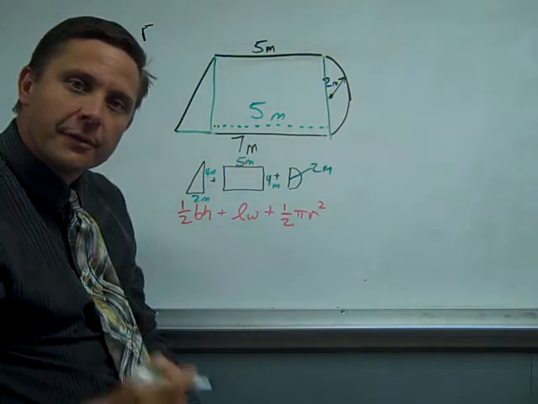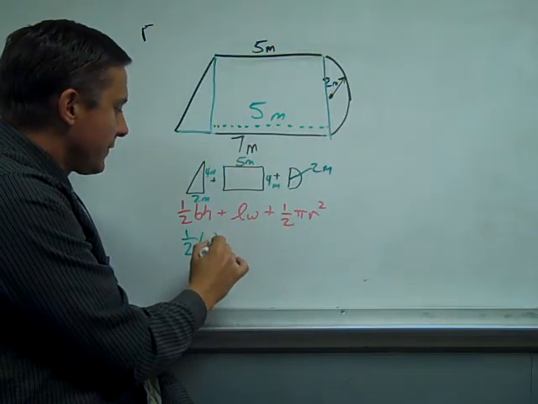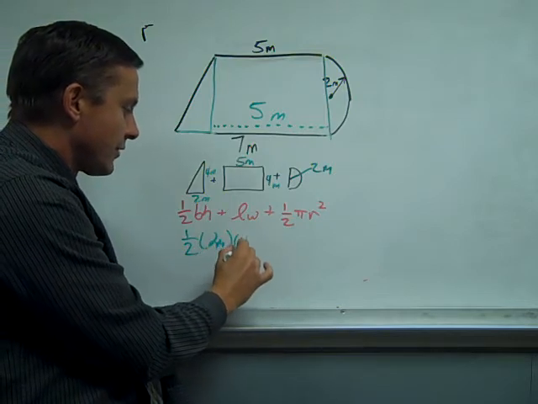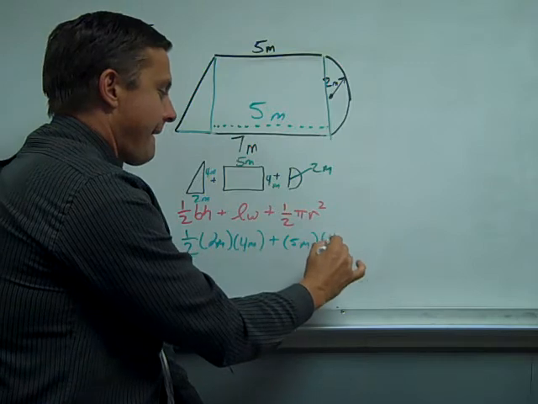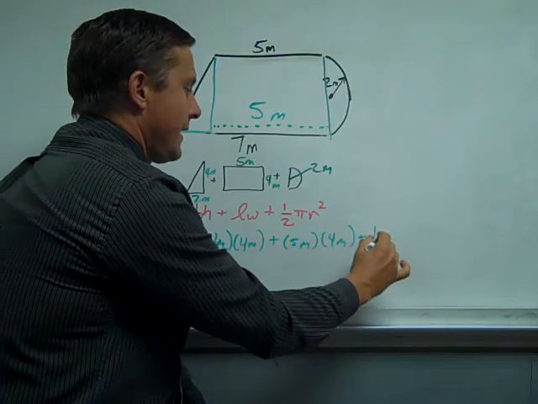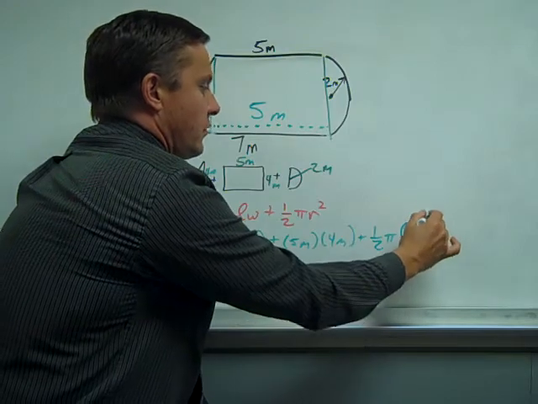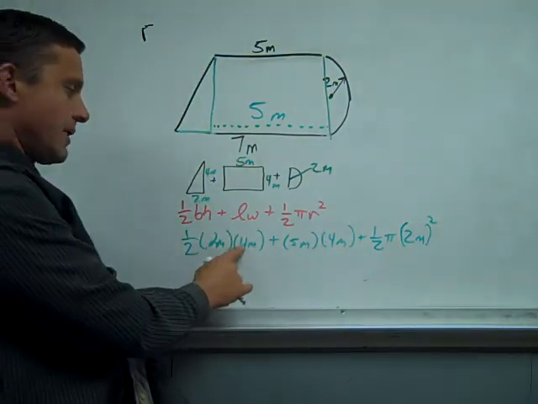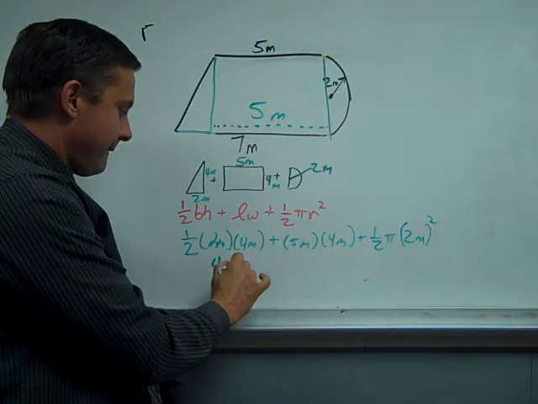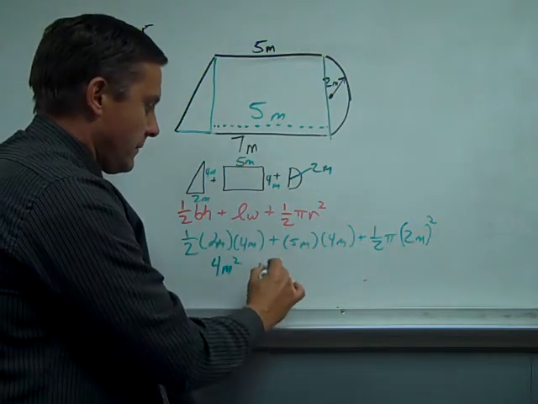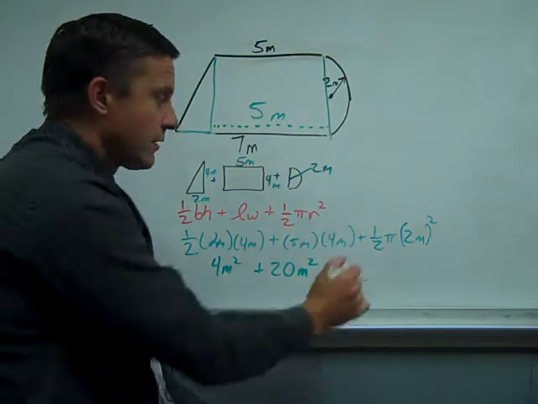Well, now it's just simply filling in for the variables. When I replace a variable, I use parentheses. 1/2 times 2 meter base times 4 meters, plus 5 meters times 4 meters, plus 1/2 pi times 2 meters squared. 2 times 4 is 8, times half is 4 meters squared. 5 times 4 is 20, and meters times meters is meters squared.